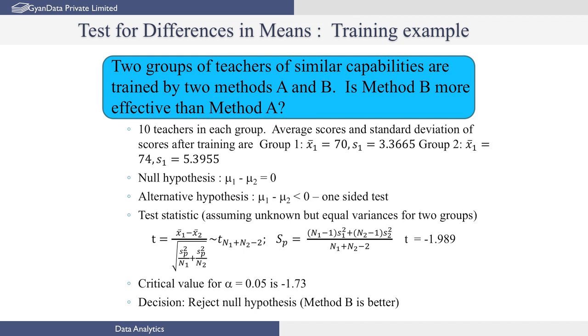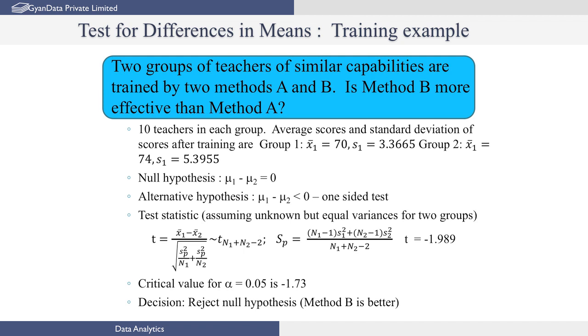Notice that it depends on the denominator degrees of freedom, which is essentially the total number of observations minus two parameters, which are mean parameters that you have used up to estimate the means. So, the remaining degrees of freedom is this, and that is how this number of degrees of freedom comes about. In fact, for large enough n1 and n2, you can actually approximate this with a standard normal variable. But in this case, let's do a precise job.